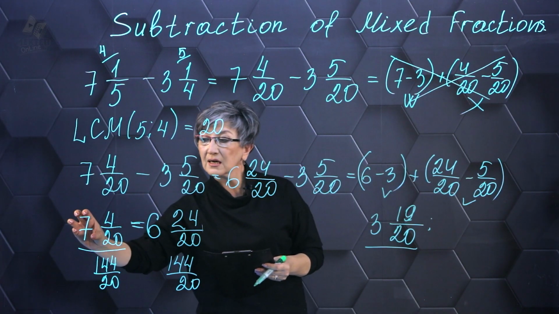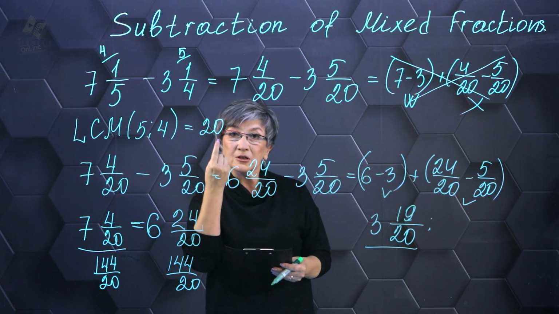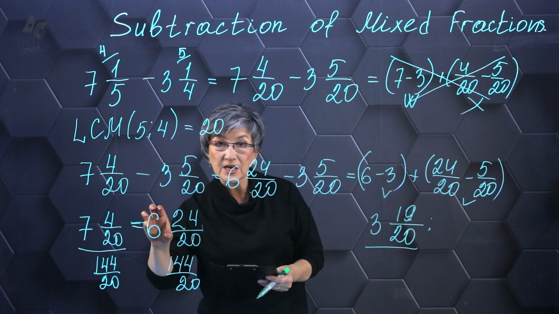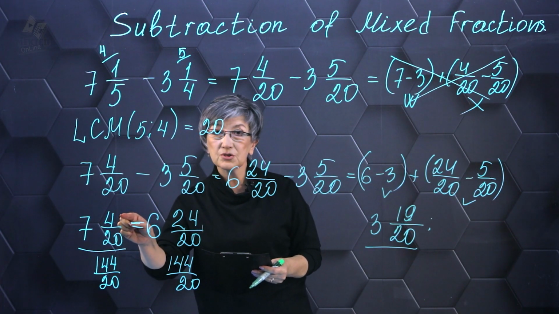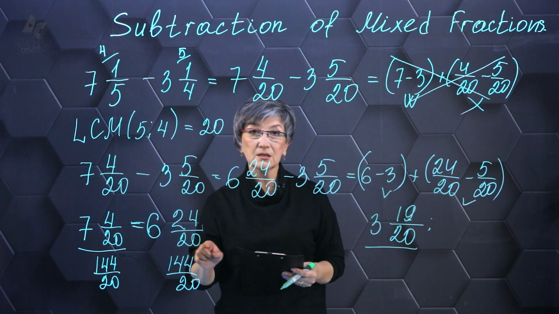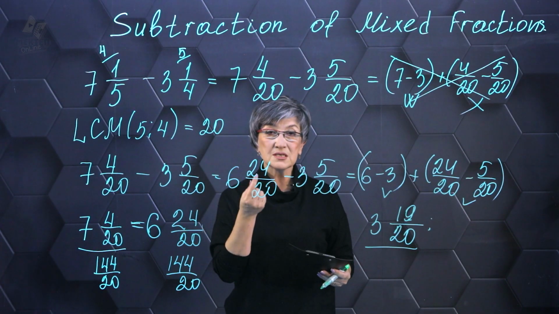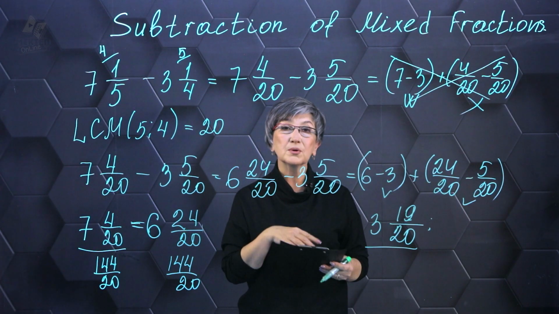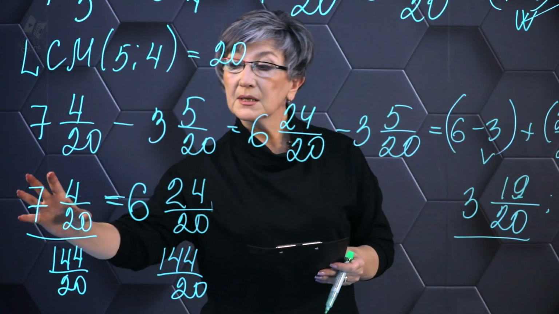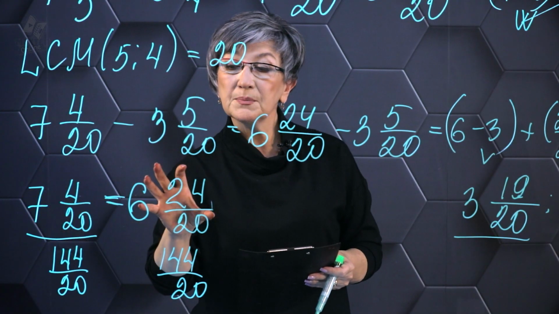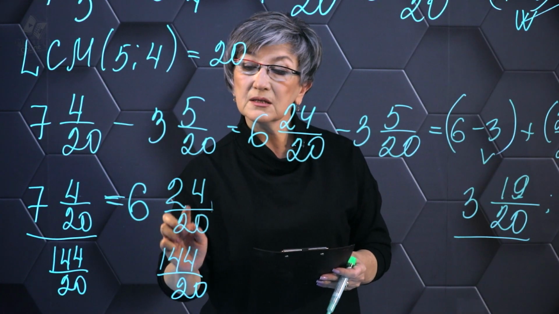So from the 7, I take one whole part. That would be 6 whole parts. Well, now I add 4 to 20, that's 24/20. So we need to take one step to get it right. So, guys, 7 and 4/20, we've represented as 6 and 24/20.